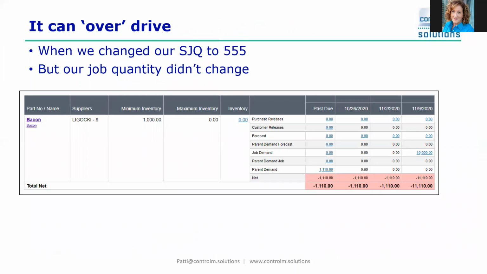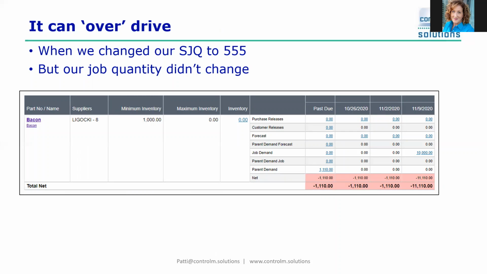The next question we'd have to ask ourselves is, are we overdriving MRP? Well, we might be. In this case, we're making 1,110 parts for a min inventory of only 1,000. So Plex will assume in PRP that we're going to have those 110 laying around. And technically then, PRP would only tell us to make 10,000 parts minus those extra 110.